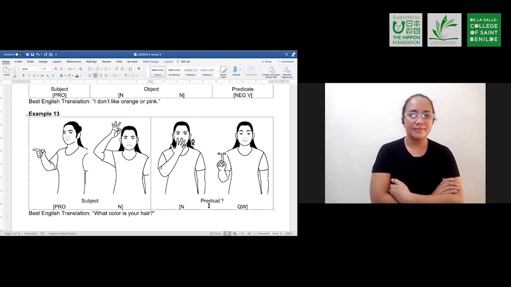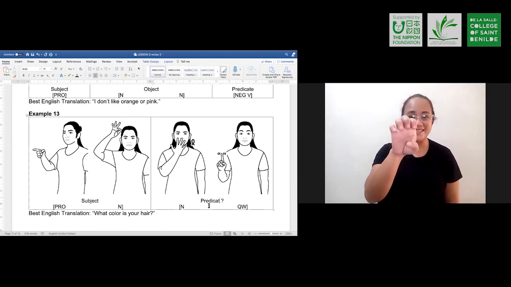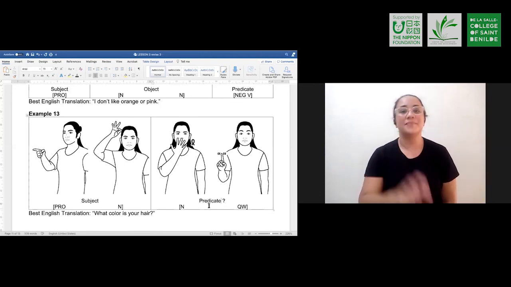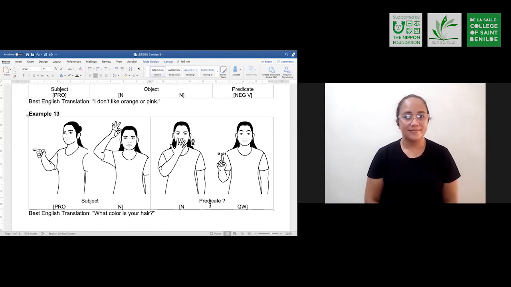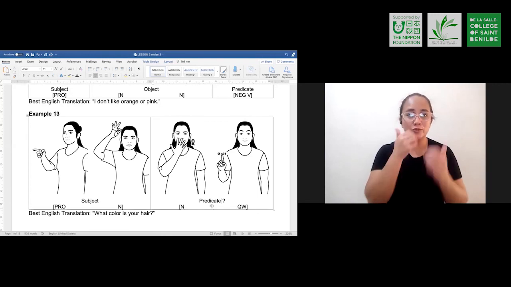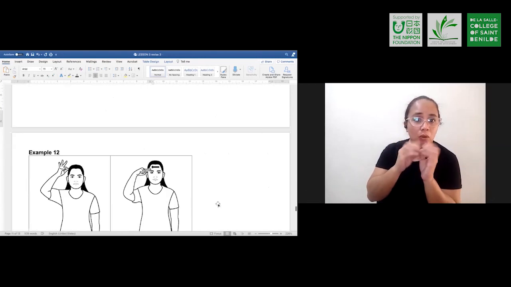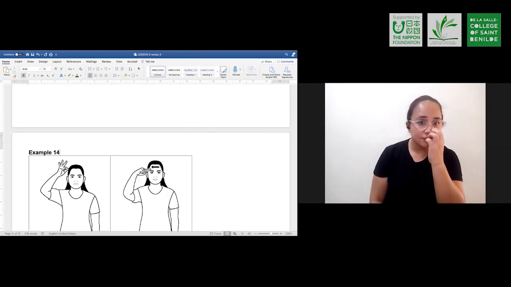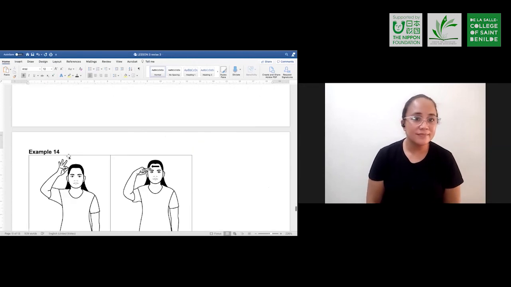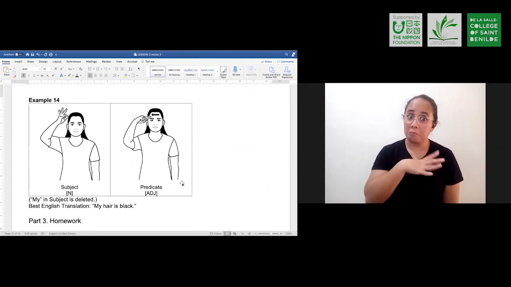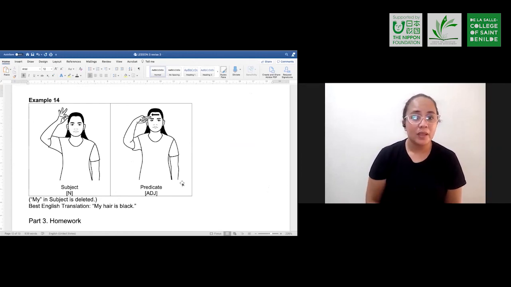Yes, predicate with the E. Good. Okay, any more examples? 14. Yes, okay, that's fine. Okay, let's go down and look at the homework.